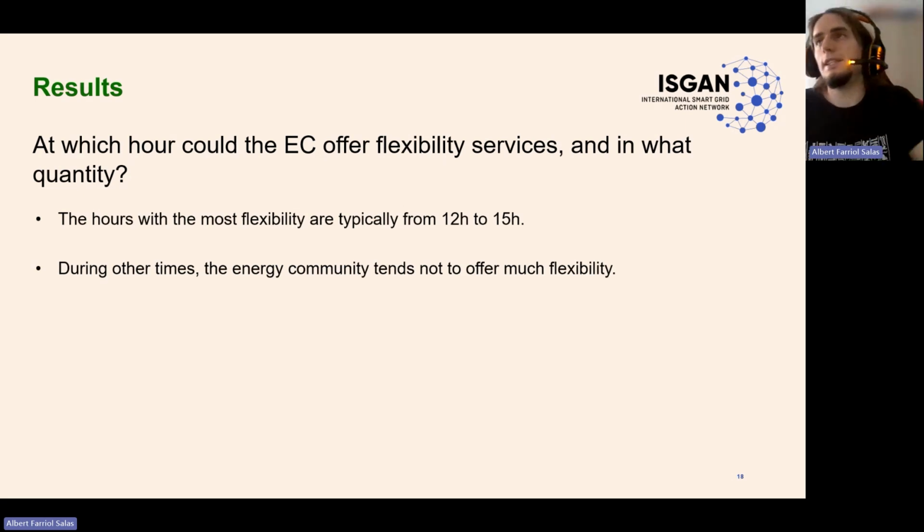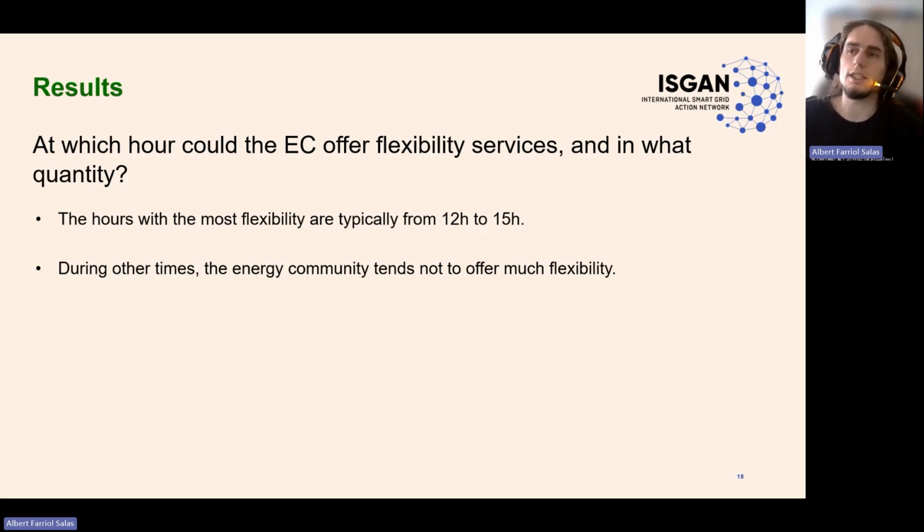And the answer is yes. The hours with the most flexibility are typically from 12 to 15 hours. During other times, the energy community tends not to offer as much flexibility. So in our study, we focused on those 4 hours from 12 to 15.